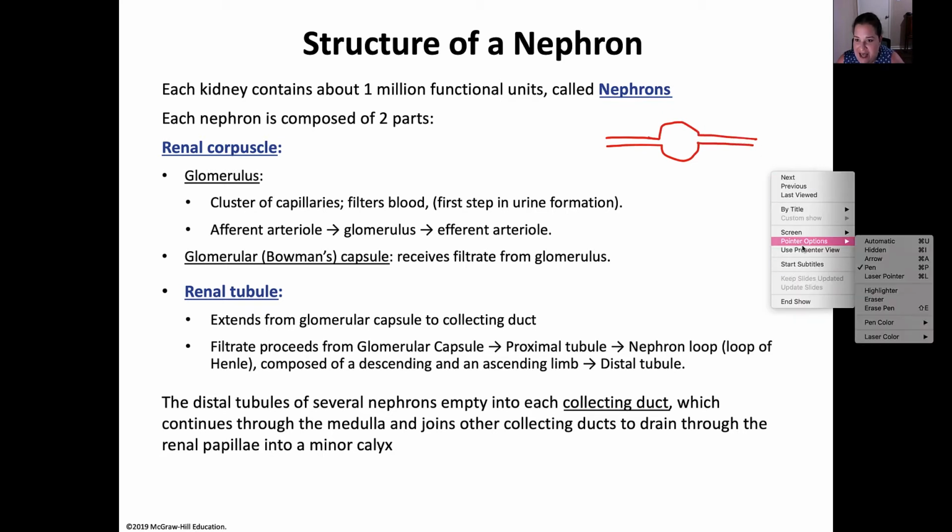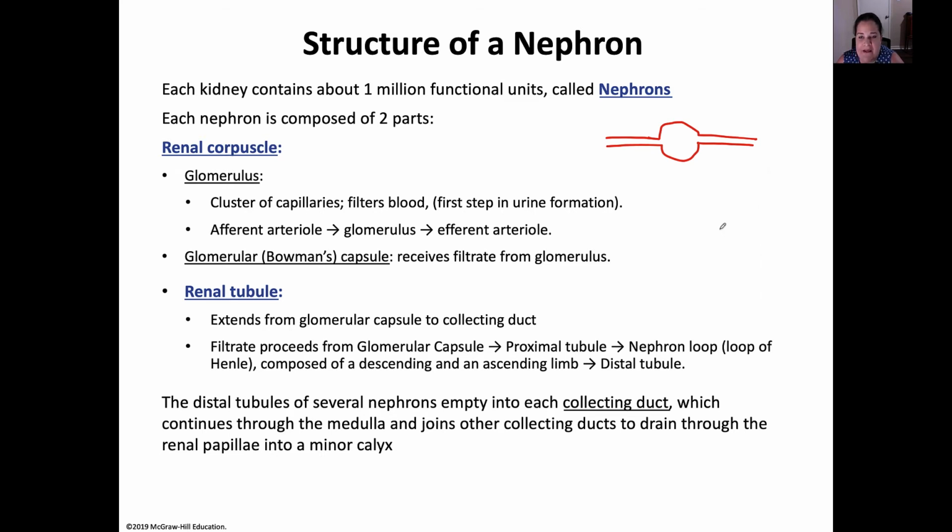And around those glomeruli, we have a little capsule, and that capsule has a tube that comes out of it. That capsule is called the Bowman's capsule. This right here is called Bowman's capsule.